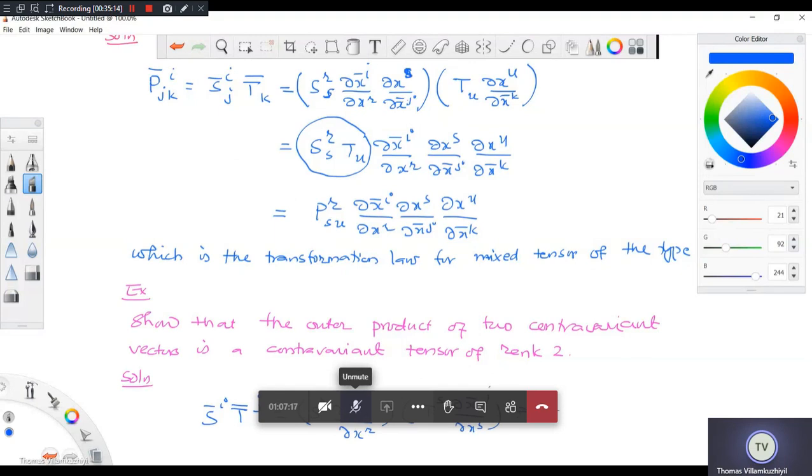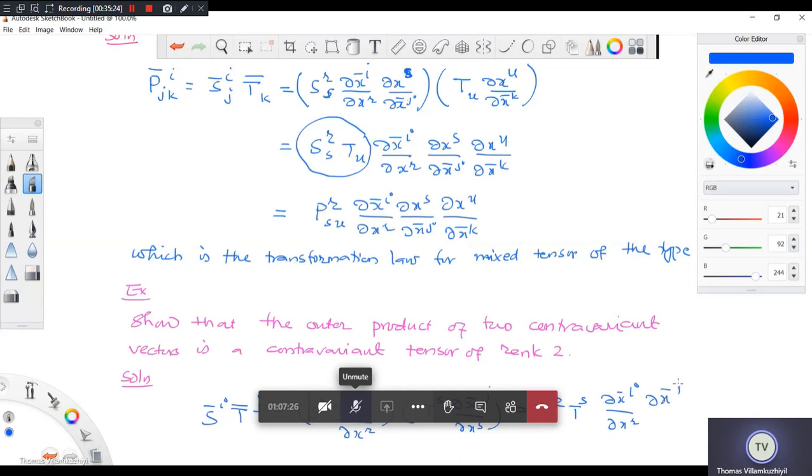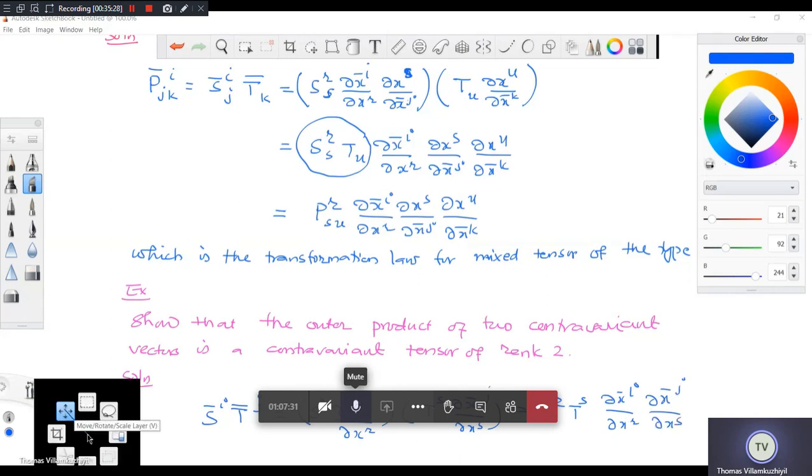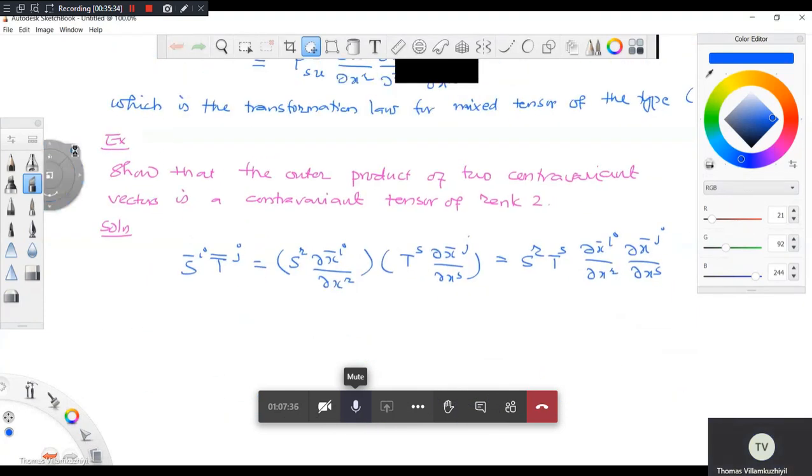So this is precisely S^r T^s del x bar i by del x r, del x bar j by del x s, of the type, say, 1, 2.